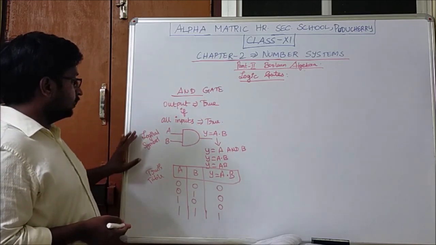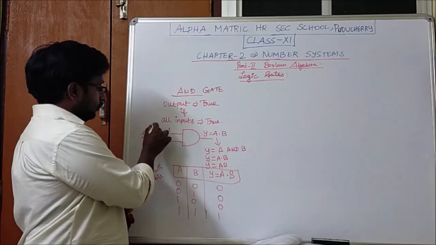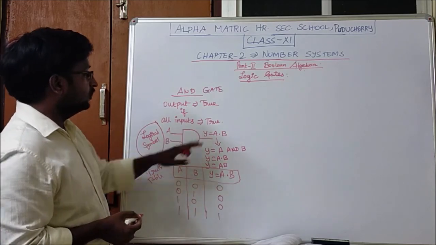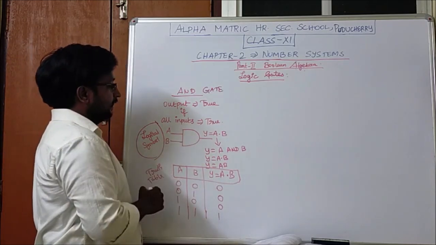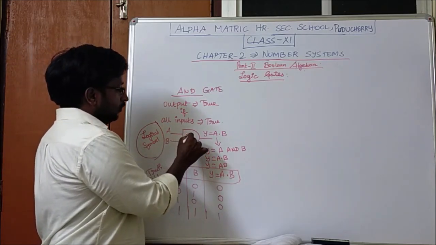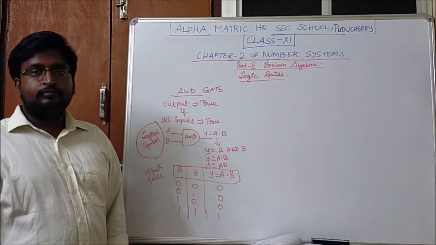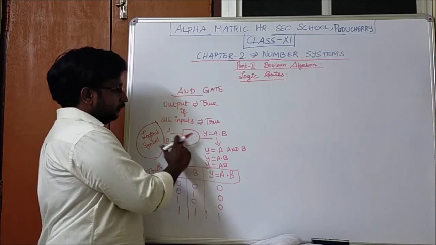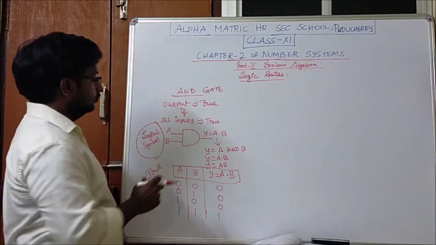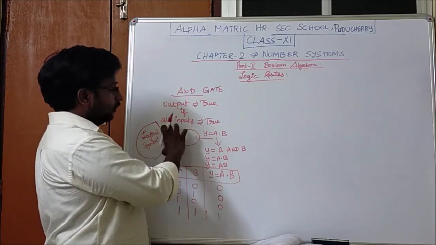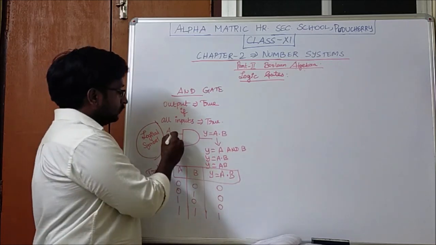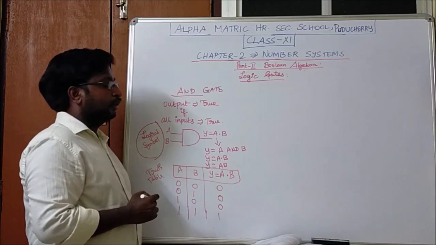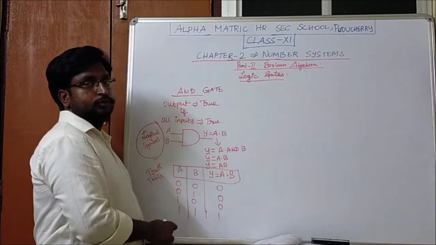In addition to that, the logical symbol is more important. This is the logical symbol of the AND gate. No need to mention the gate within the diagram; for the symbol you just need to draw the symbol. Two inputs we are giving, and this symbol is most important, and we will be getting one output.